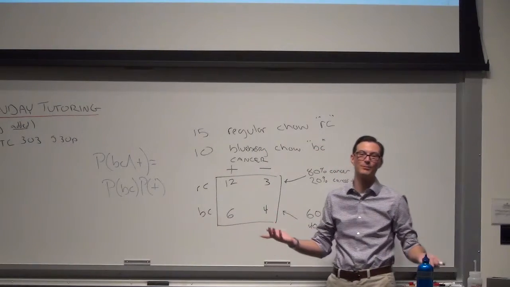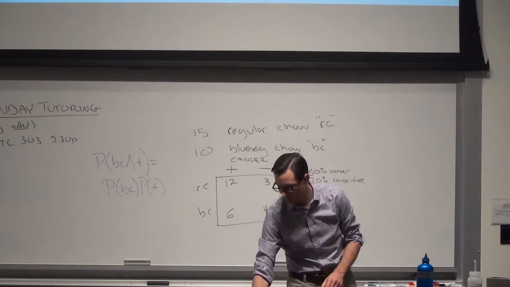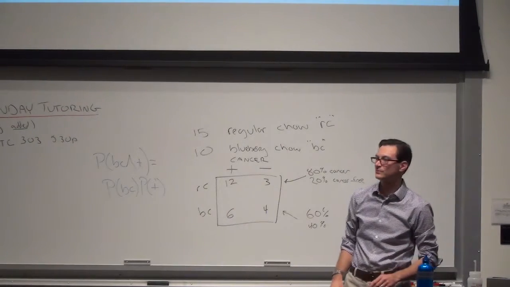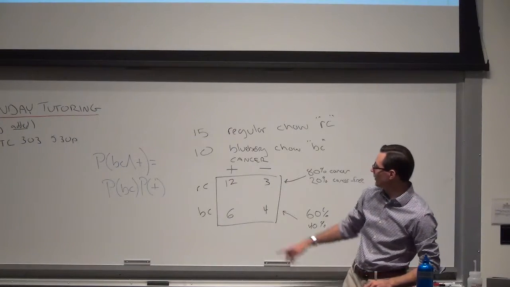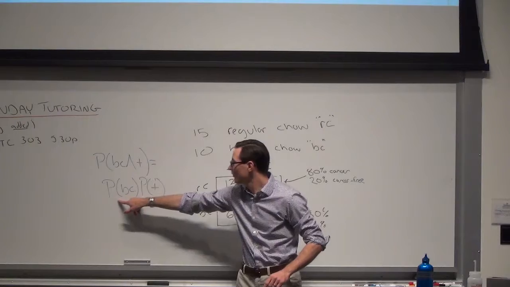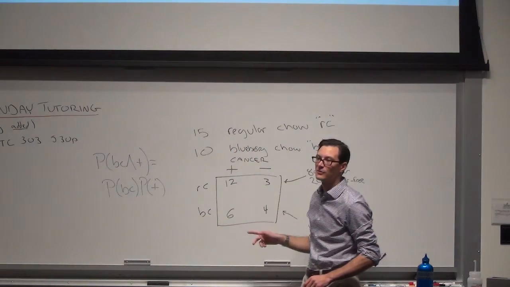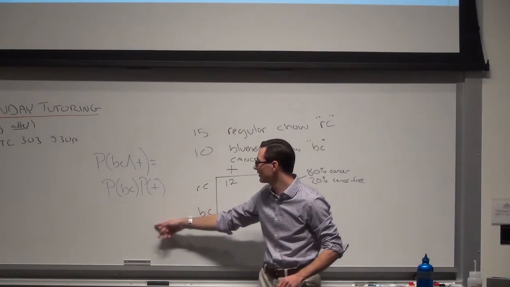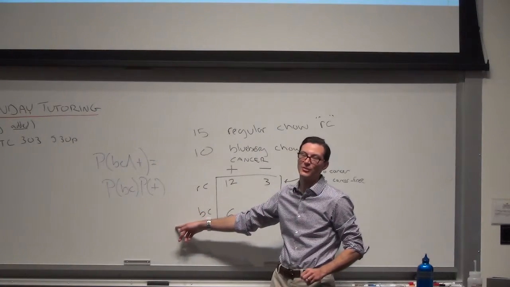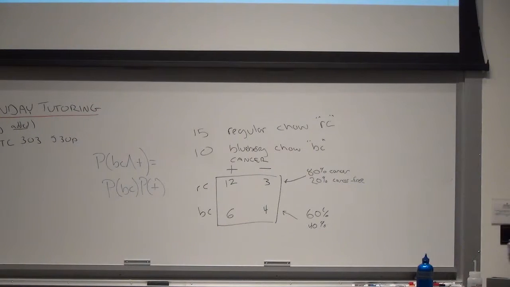This seems like a plausible way of setting up this problem. So, 7 cancer-free mice. That's this, or 1 minus that. Probability of blueberry eating is 10 out of 25. So what's the probability of getting 4 or more from this kind of trial? Let's simulate that.